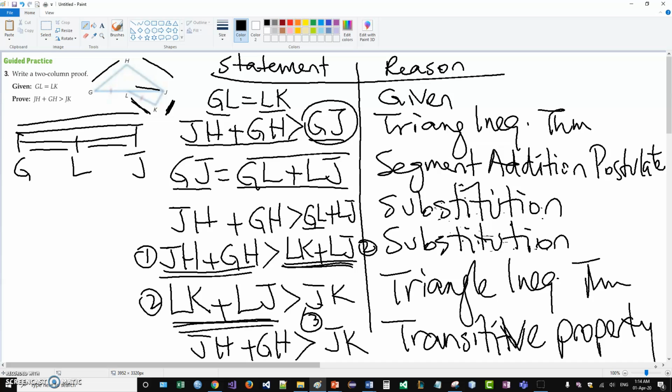Excuse my handwriting. At the end we were able to prove that JH plus GH is greater than JK, which is what we have right here. That concludes our first exercise. Please pause the video at any time to follow what I did.